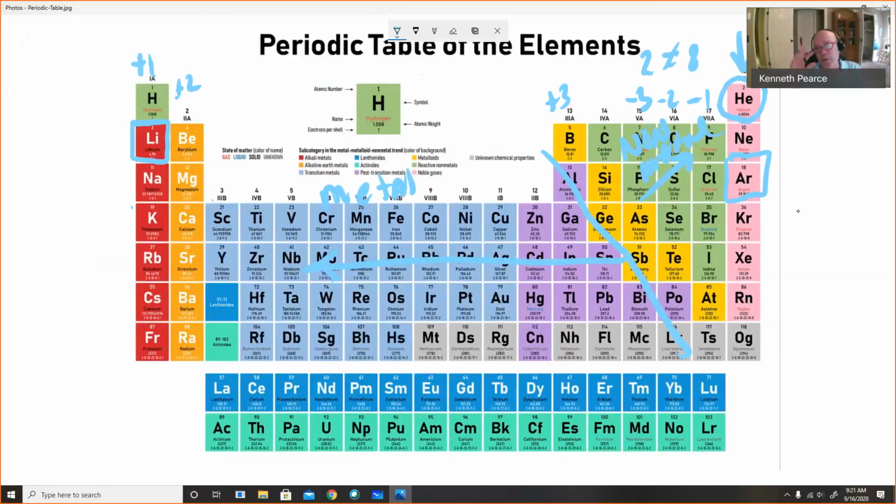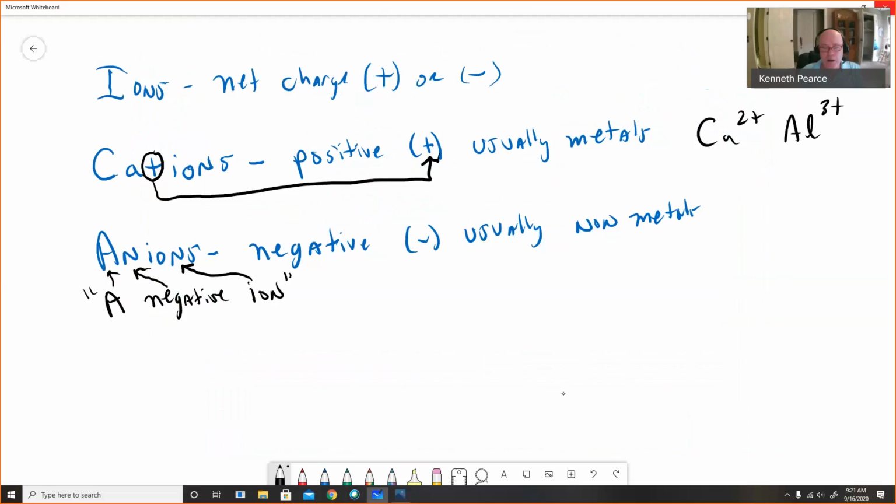And don't worry about the metalloids. That's a little bit more later on. They have a tendency to form what are called covalent compounds, more so than, say, ionic compounds. Okay, so those are our anions and cations, and this is how we're going to remember how they're named.